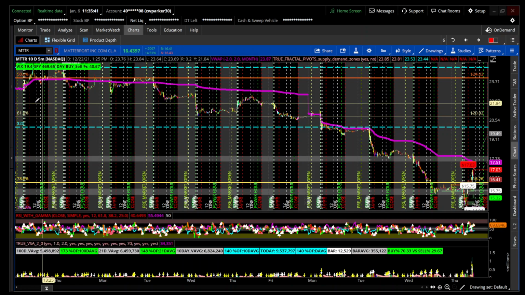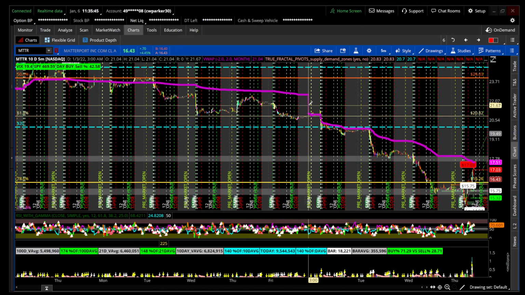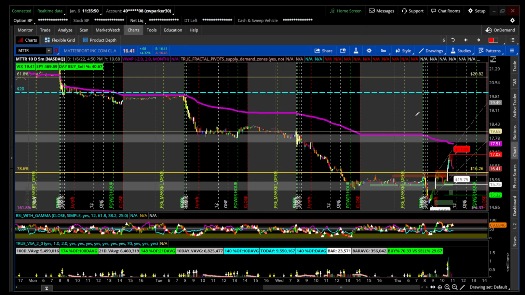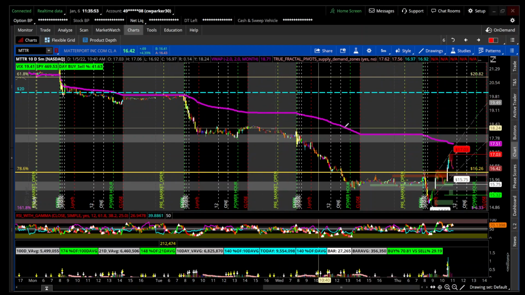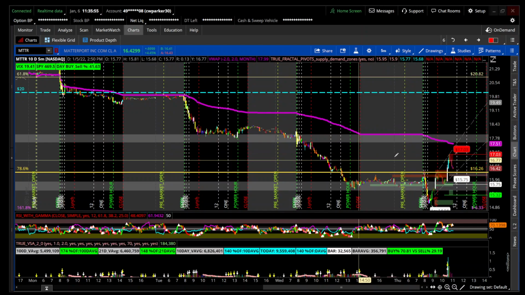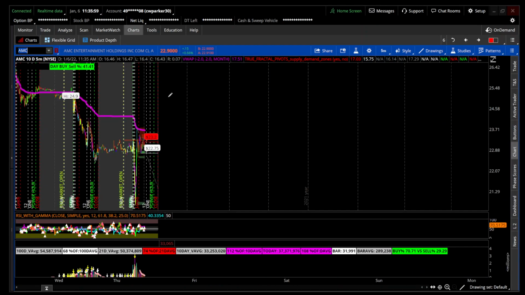So where is December? Here. This is where the month began. As you can see, prices fell right down into all of this right here, well below VWAP. So, and another one, let's look at AMC.